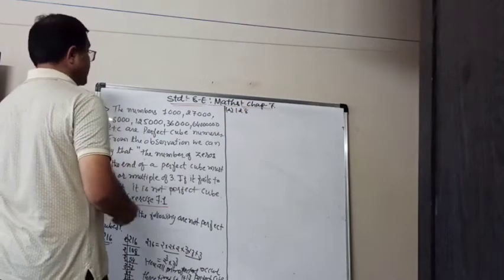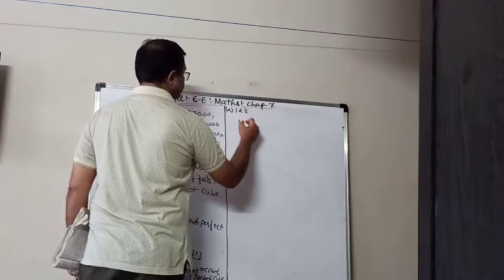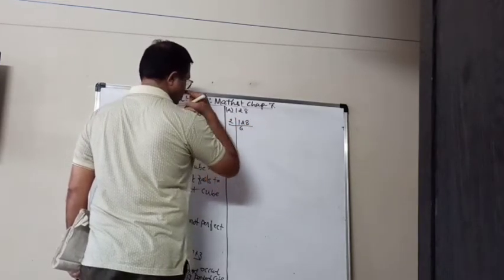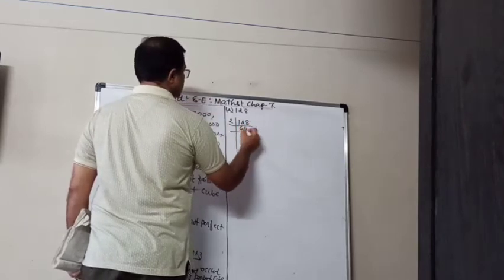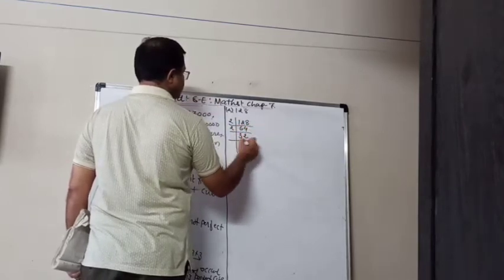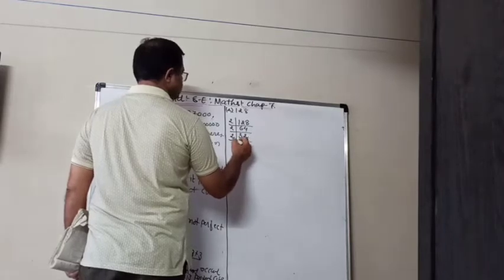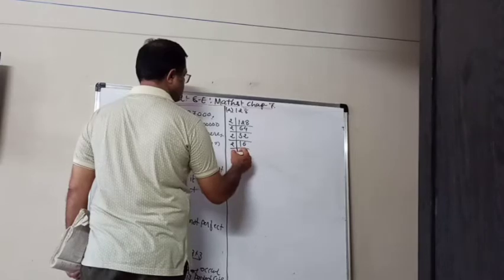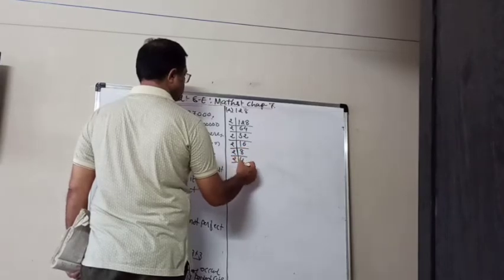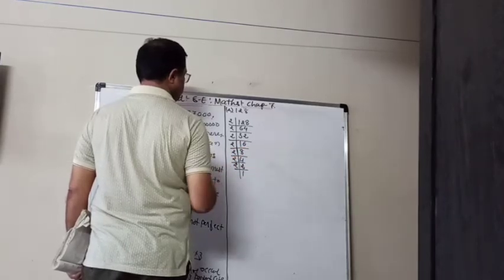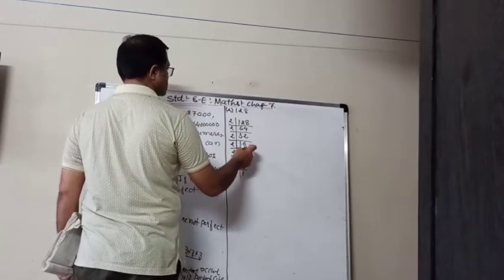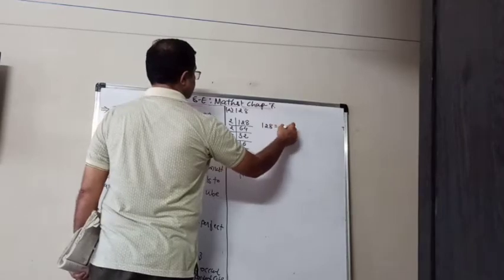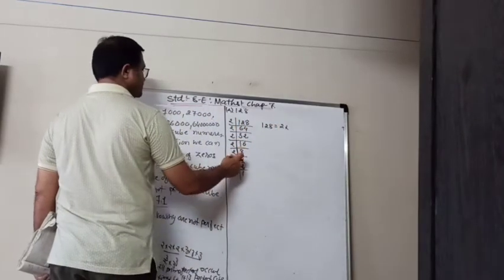So let's find out the prime factorization. 2 6s are 12, 2 4s are 8, 2 32s are 64, 2 16s are 32, 2 8s are 16, 2 4s are 8, 2 2s are 4 and 2 1s are 2. So 128 is equal to 1 2 3 4 5 6 7 times 2.